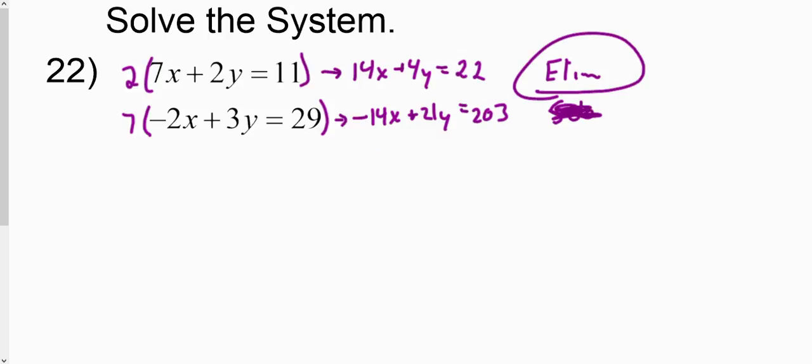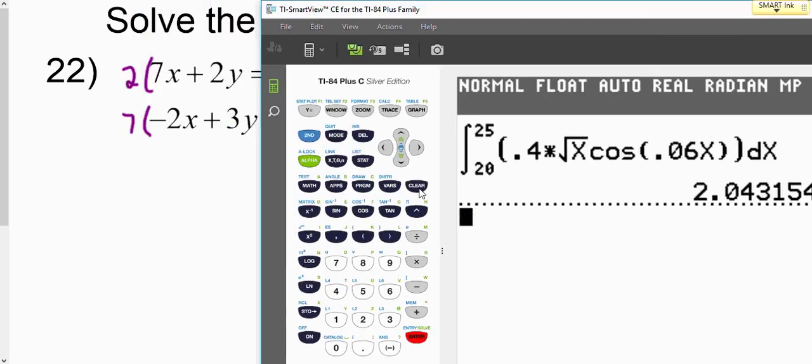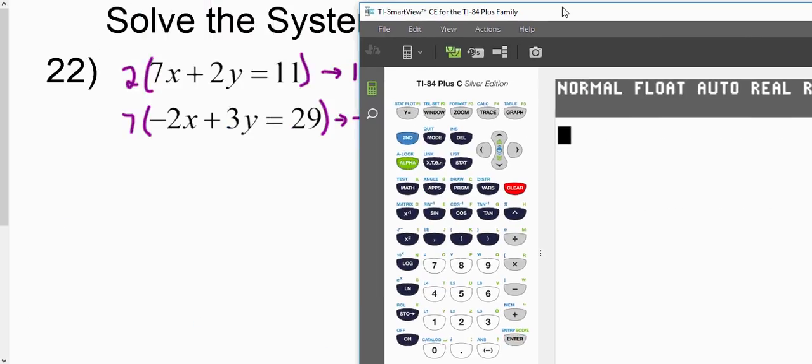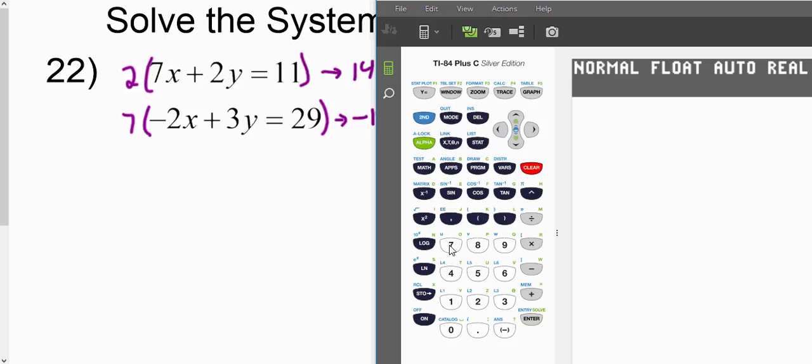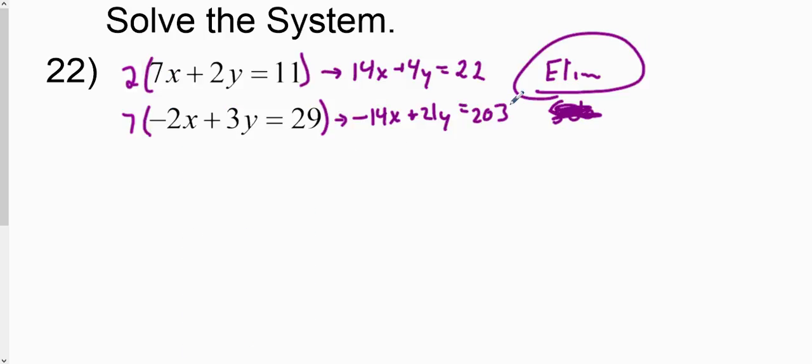If you're not sure, you can always take out the calculator and test it out. Just to make sure my math is good, 7 times 29. Did I do that right? 203. I was right.